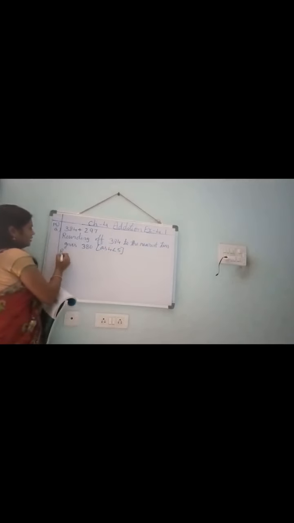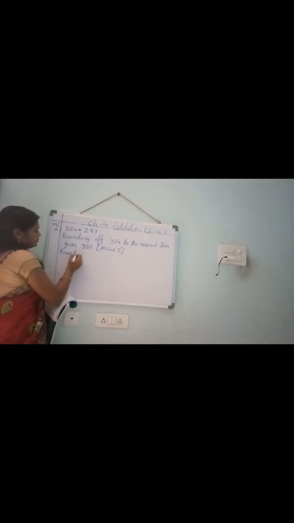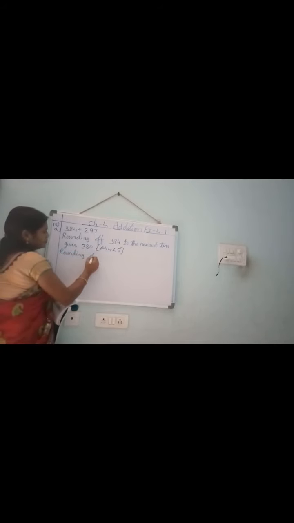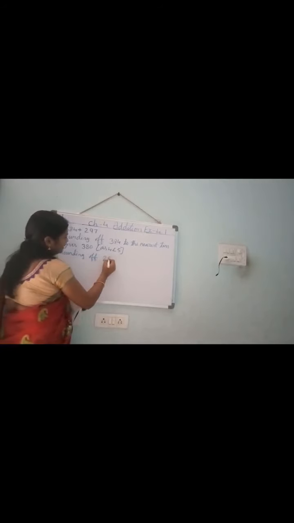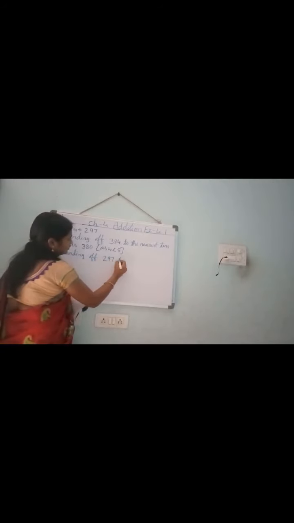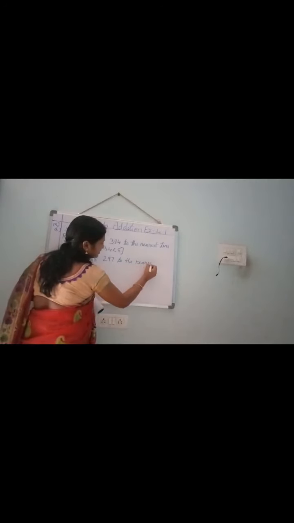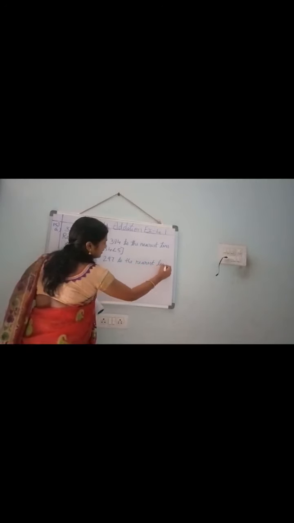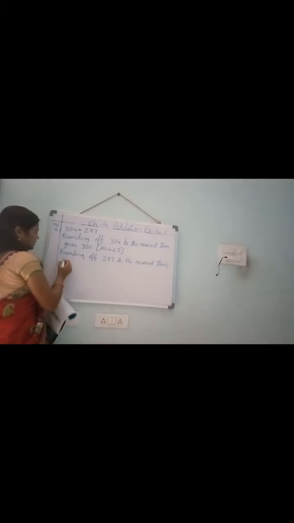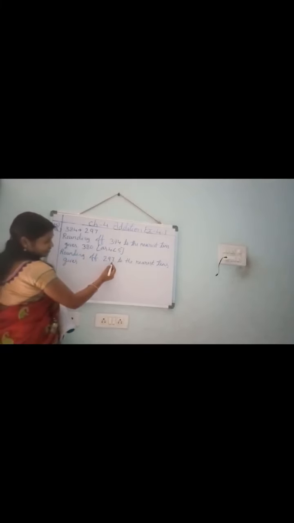Okay, rounding off 297 to the nearest tens gives. What is that? Nearest tens, which number will come?